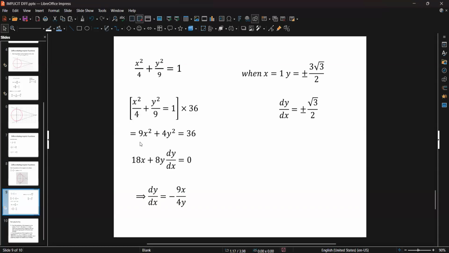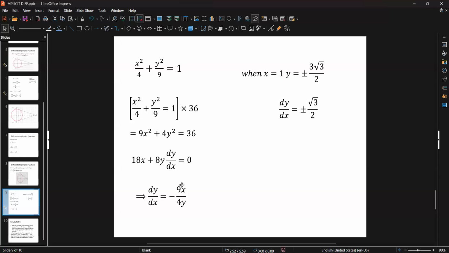And now you can differentiate. 9x squared gives 18x, okay? And 4y squared, when you differentiate it, gives 8y dy/dx, equal to 36, which differentiates to 0, right? Then you make dy/dx the subject, and you end up with that.